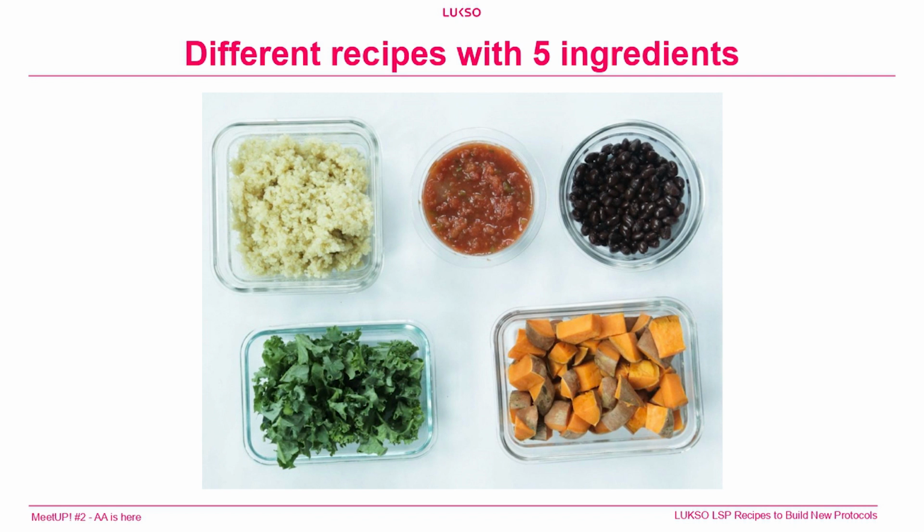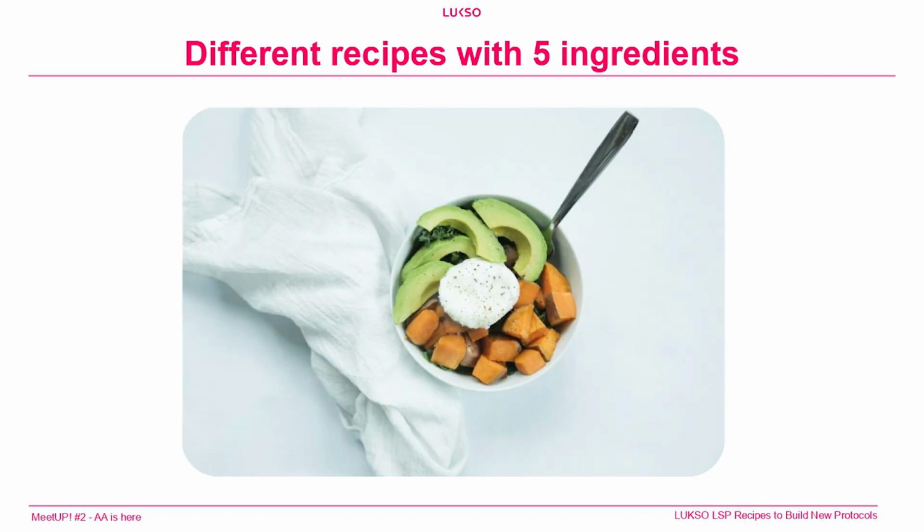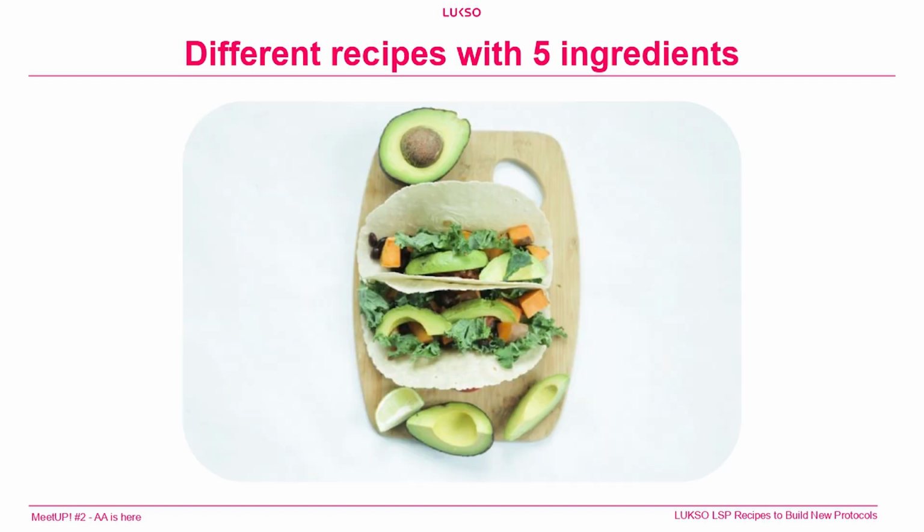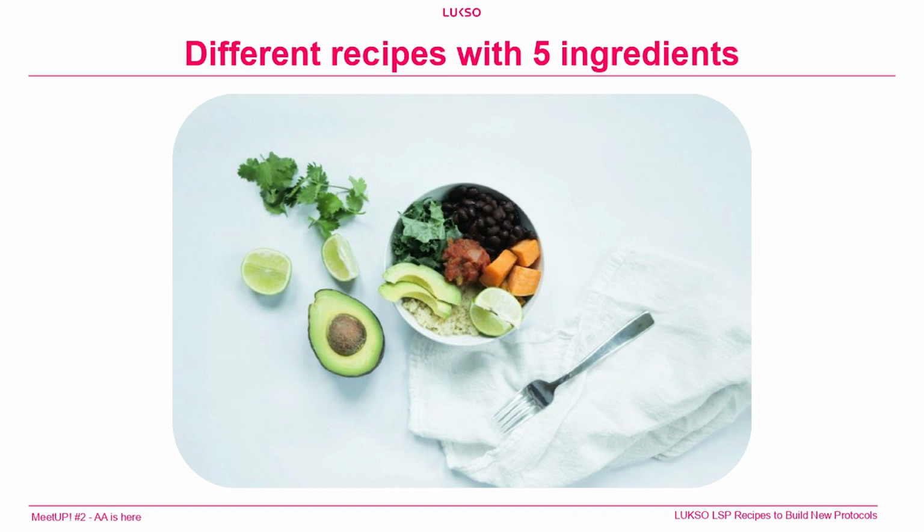So let's just make it really ELI5. Here you can see there are 5 ingredients on the screen. And with these 5 ingredients, with the whole process, we can arrive at 4 different dishes. Here you have one, very healthy. Then you have a second one, a bit more popular probably in Mexico, I guess. Then you have a third example. This is a bit more fancy.